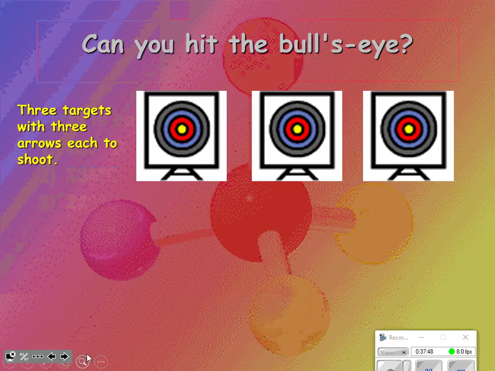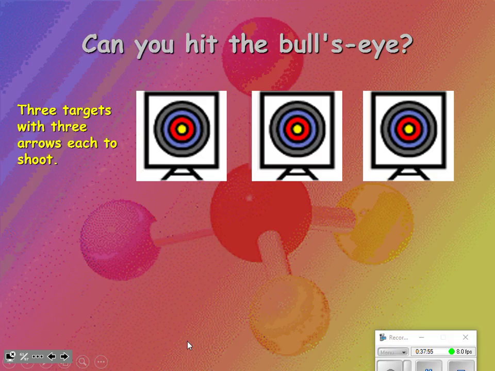Now, final thing that we're going to talk about today, you're going to need to use this on your lab Friday, okay? It's accuracy and precision. All right? It says up here, we have 3 targets with 3 arrows to shoot.